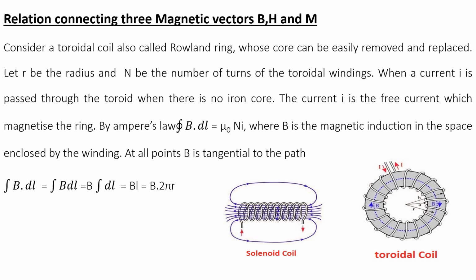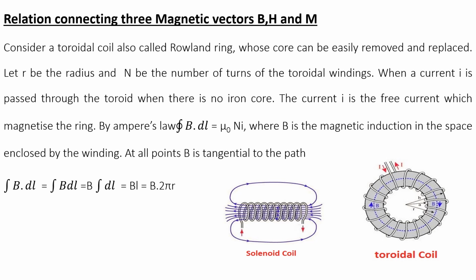Dl is a small element, and these dl combine together to form the whole circumferential length L. Hence B is a constant. In the integral of B dot dl, we can take B outside, and the integral of dl gives the circumferential length L, or if R is the radius of this circle, then it becomes 2 pi R.